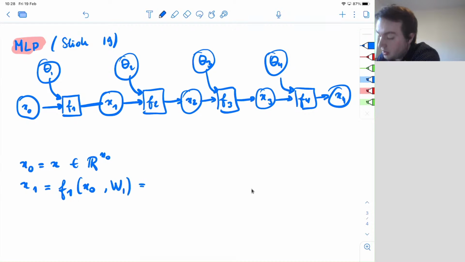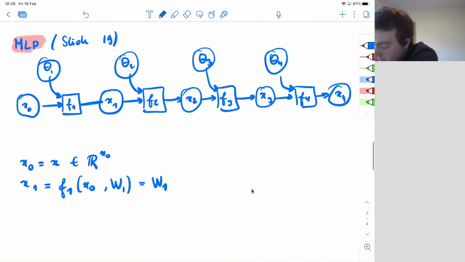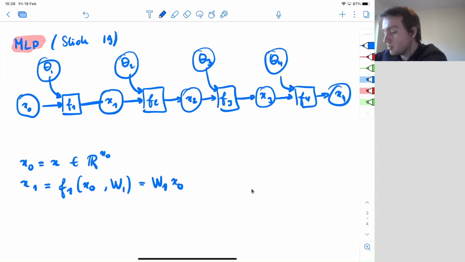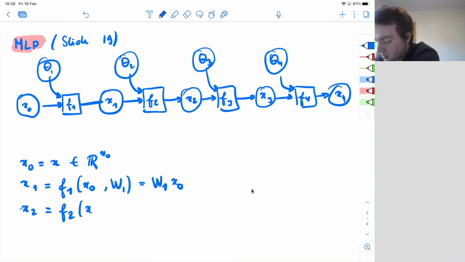The computation in the first step of the MLP is to compute this matrix-vector product that would produce another vector output. Then we would have x2, which would be the result of f2 given as input x1.